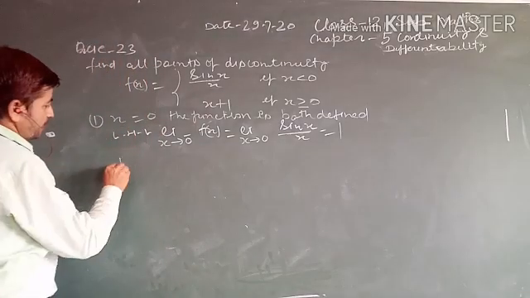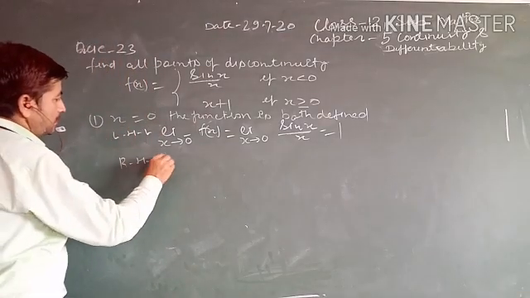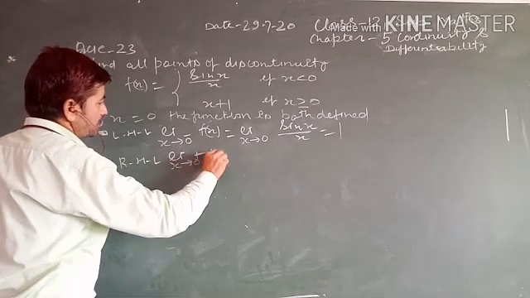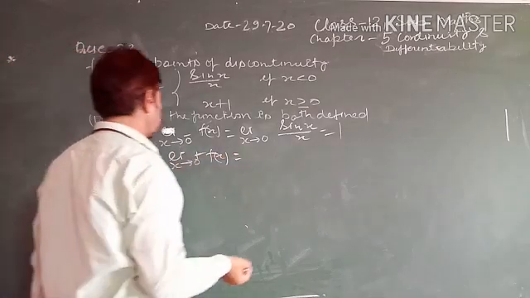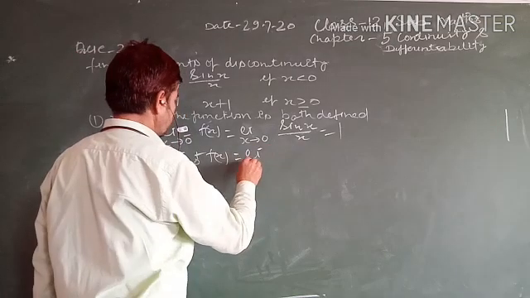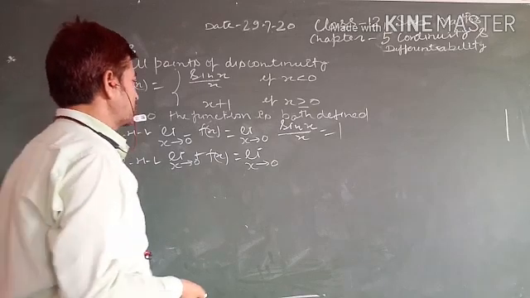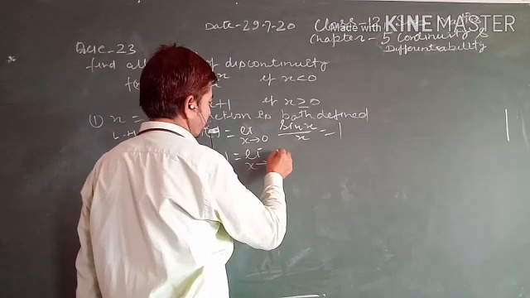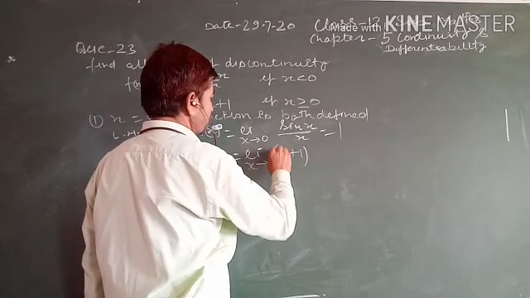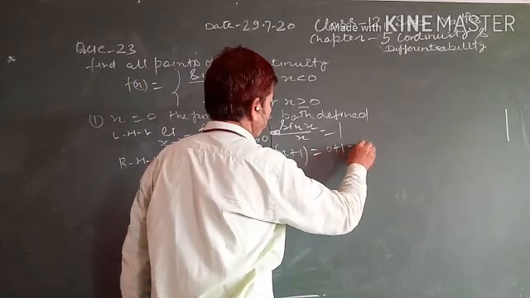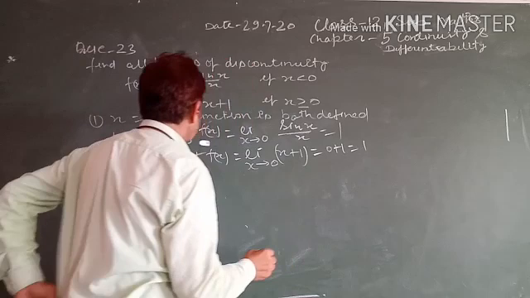And RHL, limit x tends to 0 plus f(x), for x greater than 0, f(x) is x plus 1. On assigning the limit it is 0 plus 1 equal to 1.